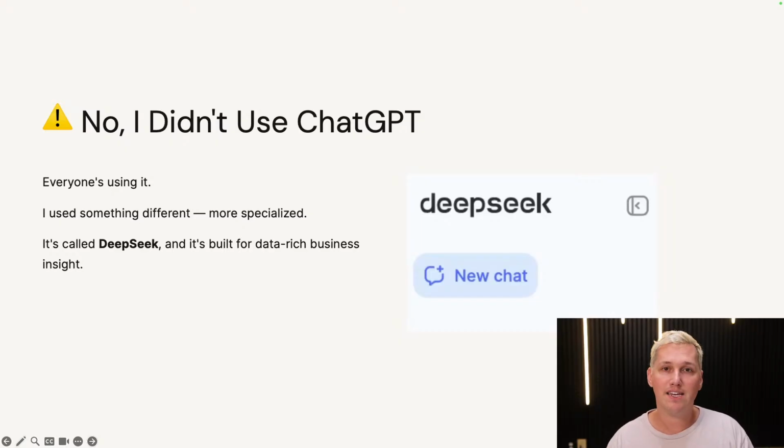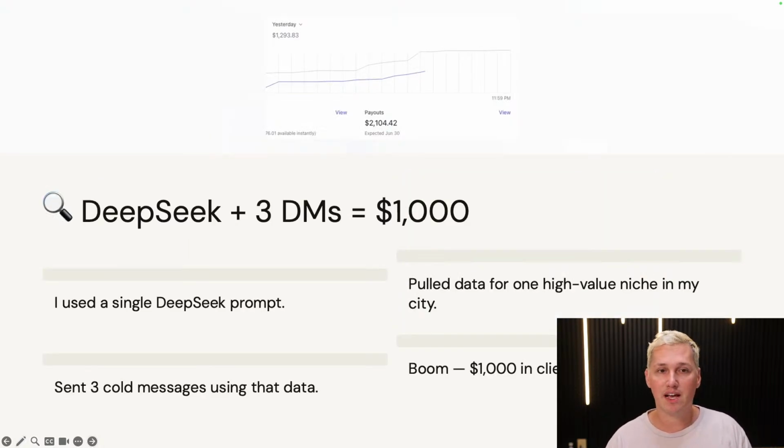And no, I didn't use ChatGPT. Everyone's using it. I use something different, more specialized. It's called DeepSeek, and it's built for data-rich business insight. So with DeepSeek combined with 3 DMs, which I'm gonna show you, I woke up to over $1,000 yesterday when I cleared my account.